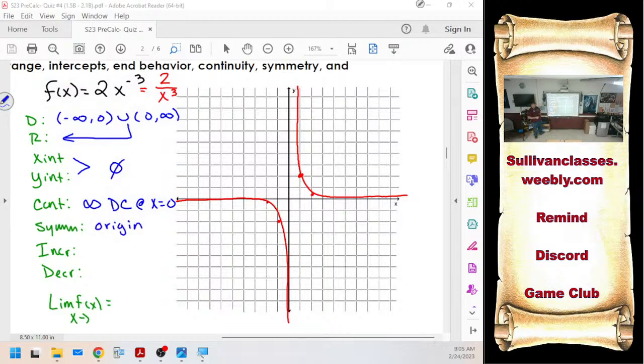Increase and decrease. This is where we keep having hiccups. Okay, we're headed down, down, down. Okay, and then I pick up my pencil and I'm still headed downwards.